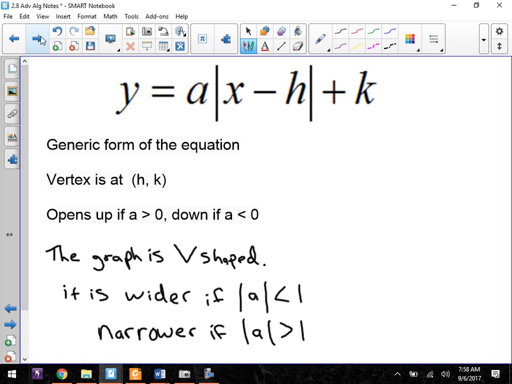It's dumb, but you're never going to forget that because what comes first in the alphabet? Horizontal or vertical? H, what comes first in the alphabet, X or Y? The X values go left and right because they're part of the H's. The K values are part of the Y's because they go up and down.